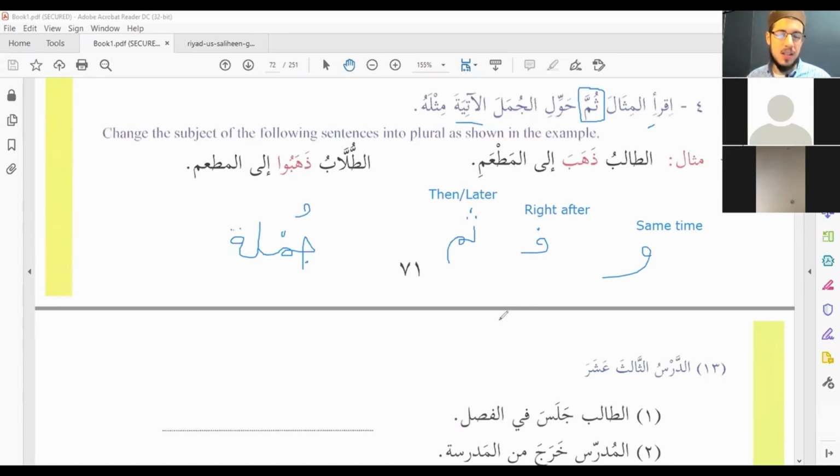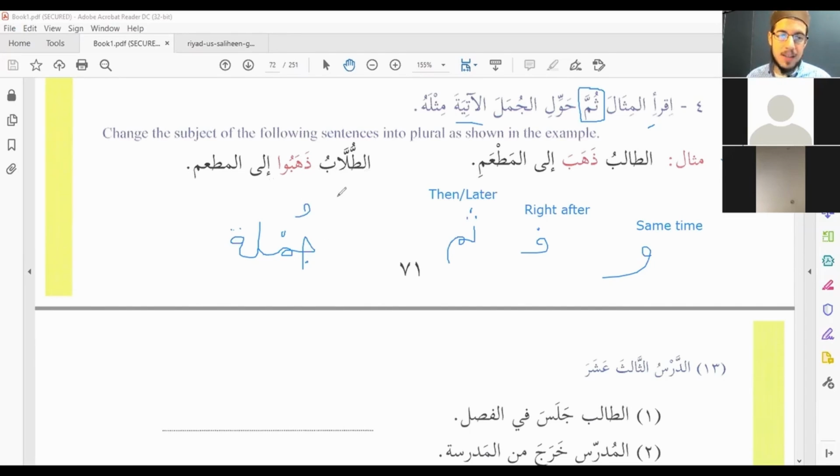Perhaps you recall that last class we said that in Arabic, if you have a jumla fi'liya, a sentence that begins with a verb, you are going to have a singular verb, no matter if the subject is singular or plural. So if we take this example, الطالب ذهب إلى المطعم, and then here, what they want you to do to all the examples, الطلاب ذهبوا إلى المطعم.